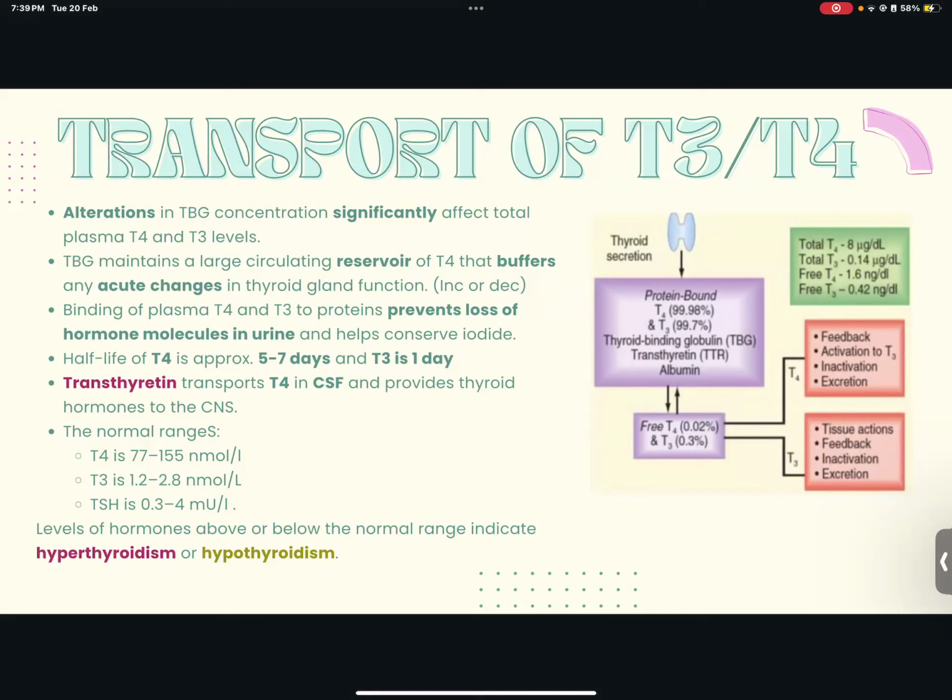Remember how in renal, proteins cannot cross the glomerulus? So if hormones are bound to albumin, to TBG, to transthyretin, it's going to prevent the loss of hormones in the urine, and it helps to conserve the iodine.